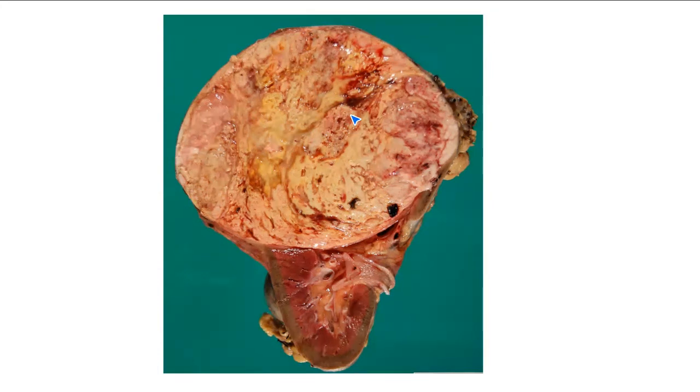Based on what has been described, can I have a volunteer to tell me what they think is going on here? What kind of mass do you think this is? Is it an inflammatory mass? Is it a neoplastic mass? What do you think is going on?